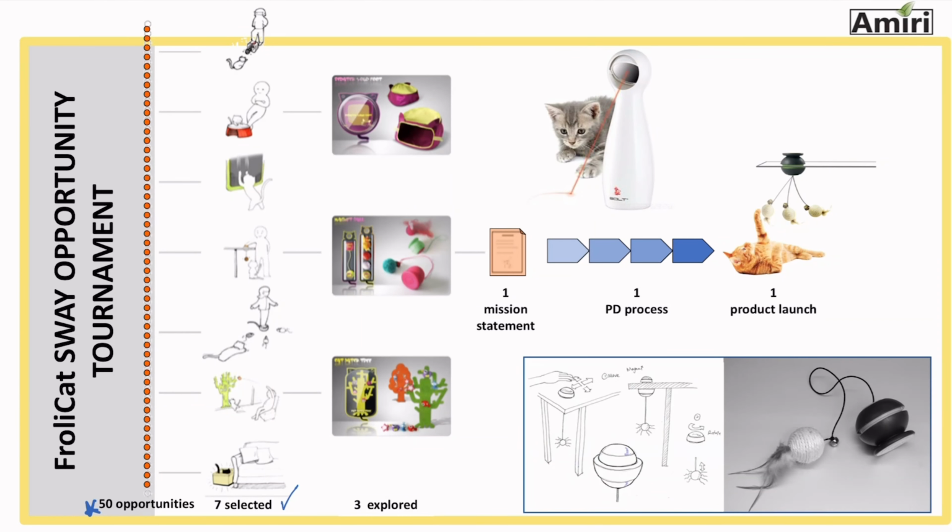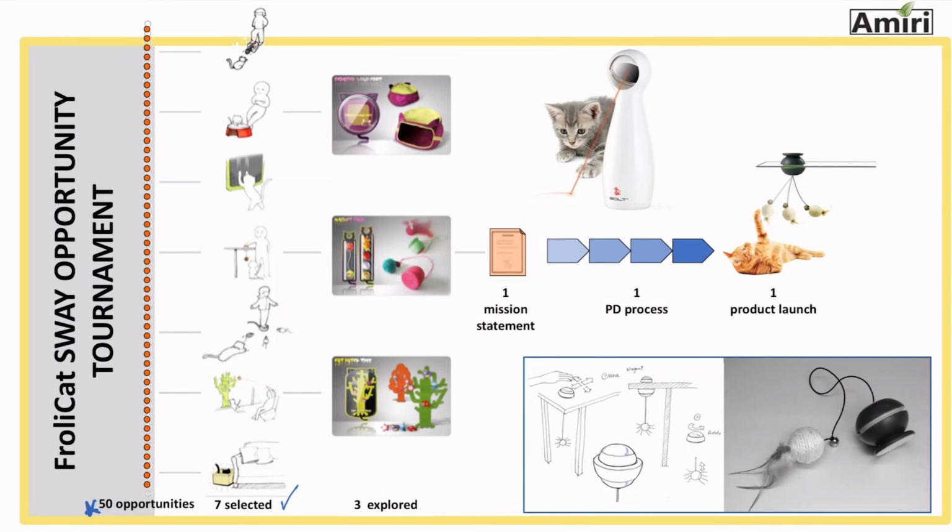Then out of those 7, 3 were explored further. Definitely some 3D rendering, maybe some non-functioning prototype, maybe some functioning prototype were developed, and then eventually one was selected, and then the mission statement was written based on that selected opportunity.